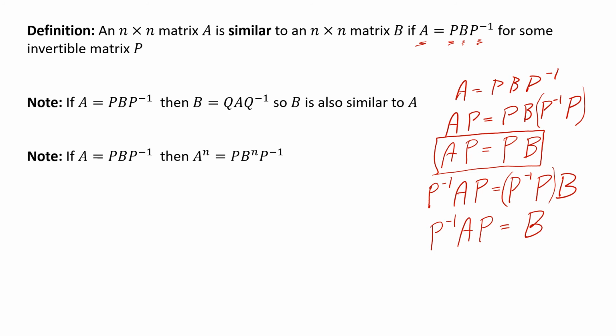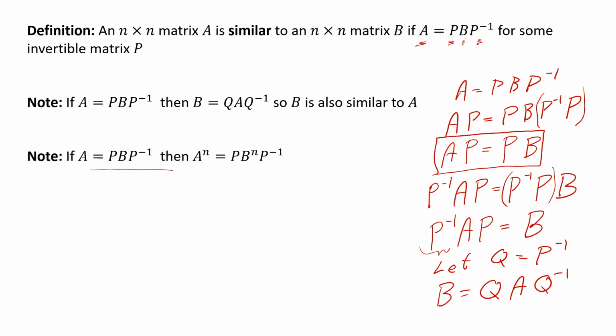It just so happens that it is the same matrix we used earlier, just in a different order. So if we say let Q equal P inverse, then we get that B is equal to Q times A times Q inverse, because the inverse of an inverse is the original matrix. Okay.